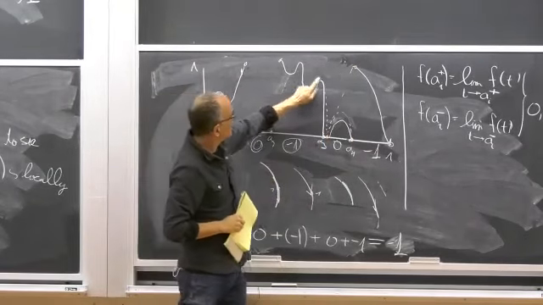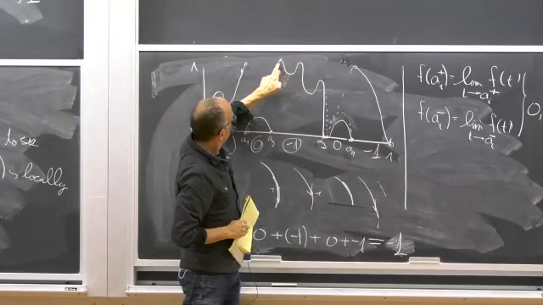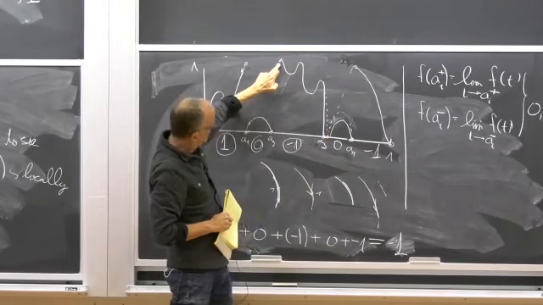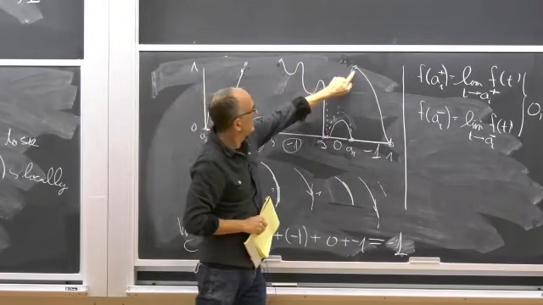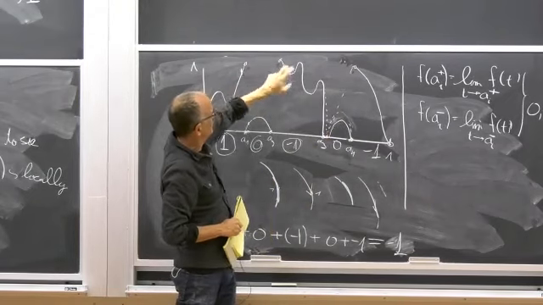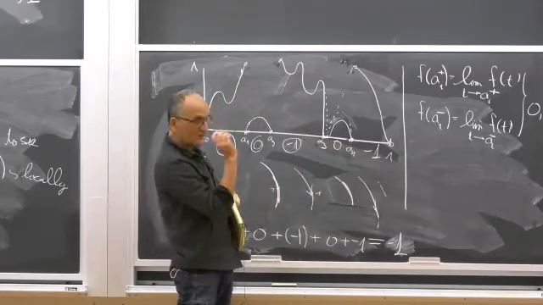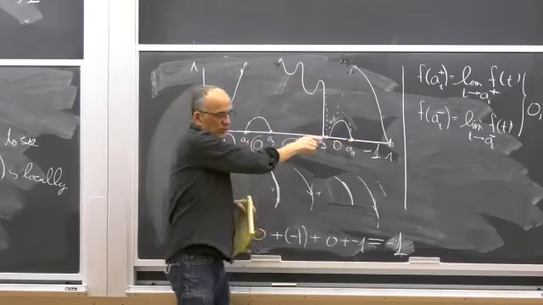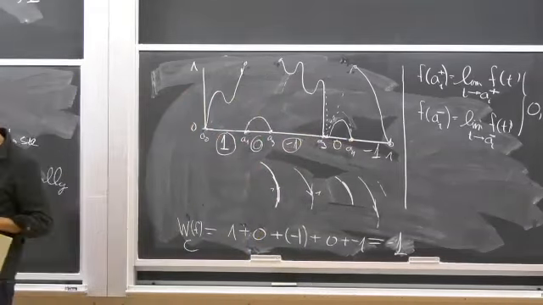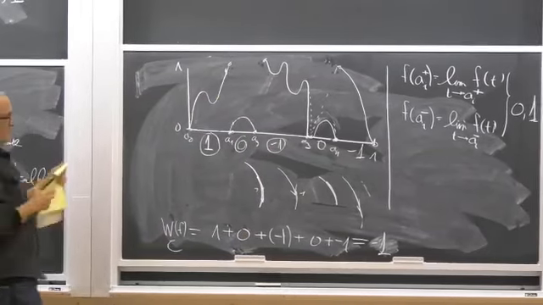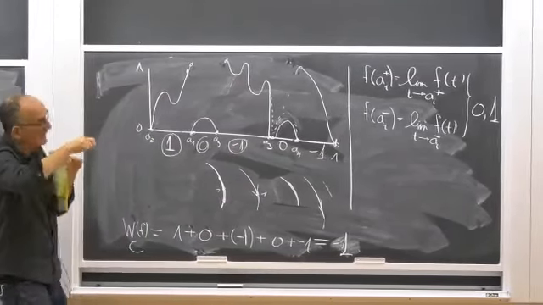But notice that in this case, the contribution from here to here will be exactly like the sum of contributions from here to here, or the sum of contributions from here to here. So the only places where things can go wrong is where the function changes its mind exactly at 1. Right, on the circle. It goes to 1 and comes back.